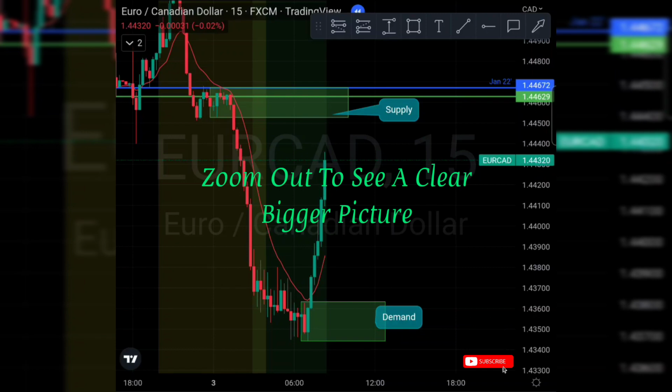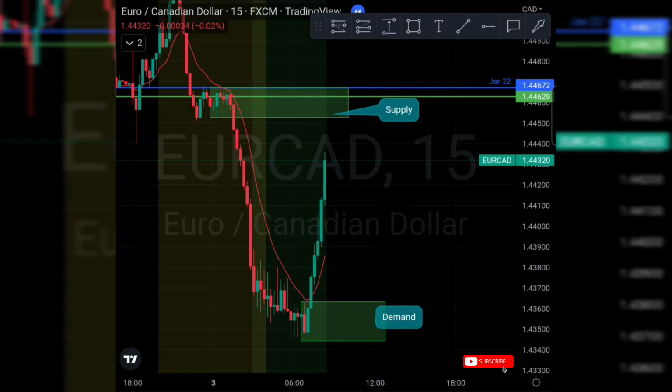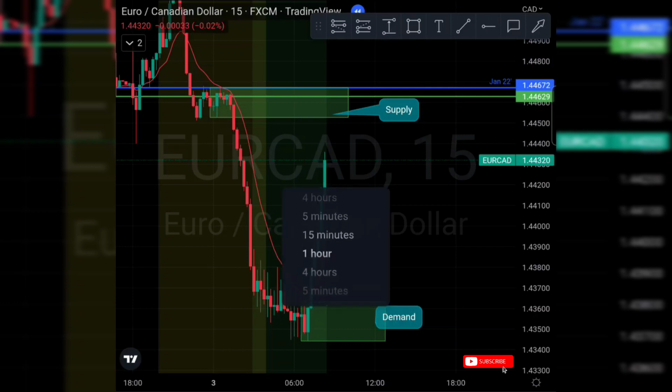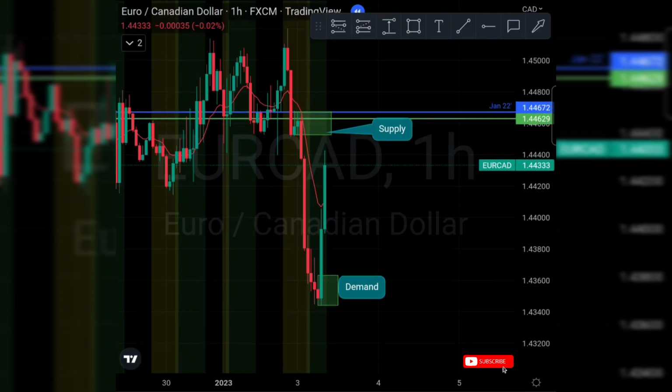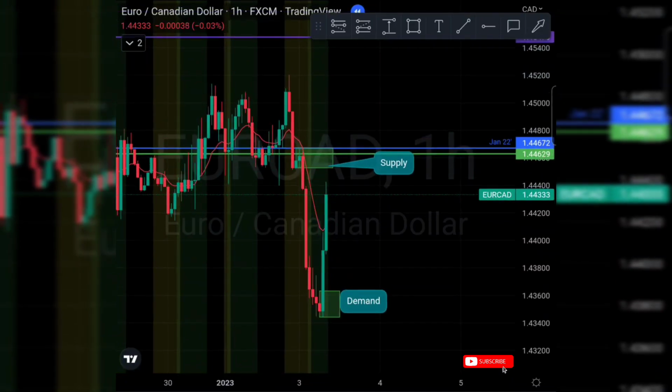So basically just to get an overview of the market, see the bigger picture, know where I'm at, see what's really going on, instead of having tunnel vision on one time frame, especially a lower time frame with all that noise. So what I majority of the time will do is zoom out after I mark up my 15-minute zones to the 1 hour time frame and see what key levels are presented at that time frame.